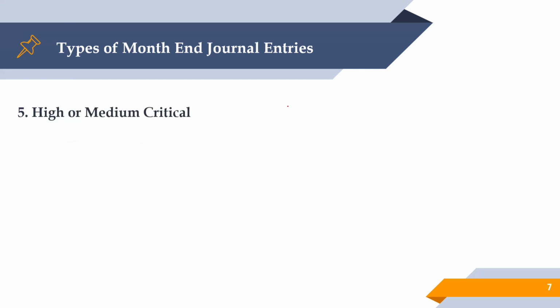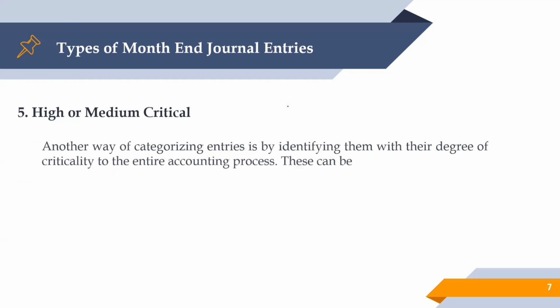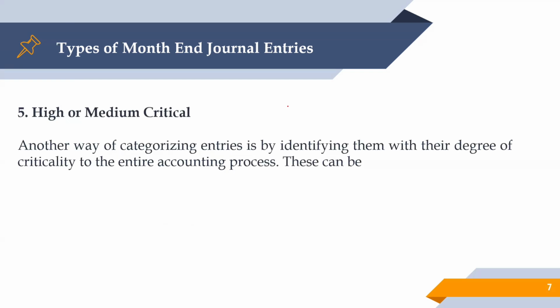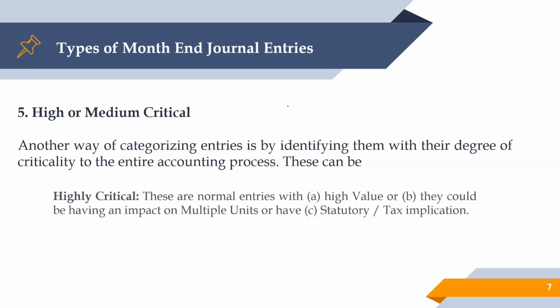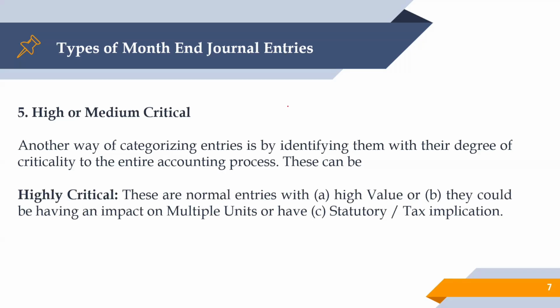Next is high or medium critical. Another way of categorizing entries is by identifying them with their degree of criticality to the entire accounting process, and this can be highly critical. These are normal entries with a high value, or they could have an impact on multiple units or have statutory or tax implications.